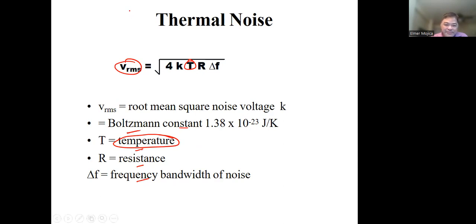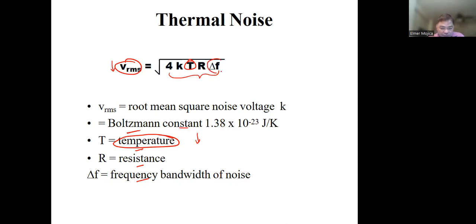Anyone? Okay. Decrease po. Decrease. Kasi kapag dinecrease mo, bababa yun. So pag bumaba yun, mas mababa yung thermal noise. What else? Kita mo lang dito yan, yung mga factor na yan. Baguhin mo yan. That results in a lower or smaller value here. That's one way to reduce this type of noise.